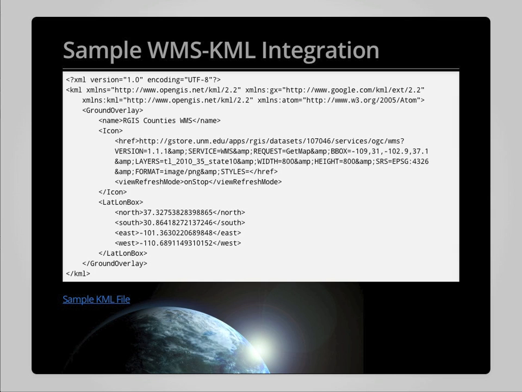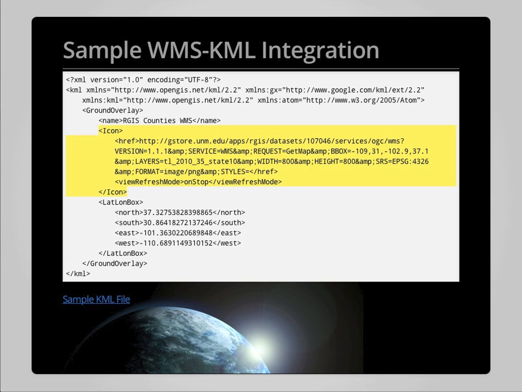So this is a very simple example of the integration of an OGC web map service into a KML file, where we are going to concentrate here on this ground overlay element that I've created, where we're defining a name, in this case, Argus County's web map service.